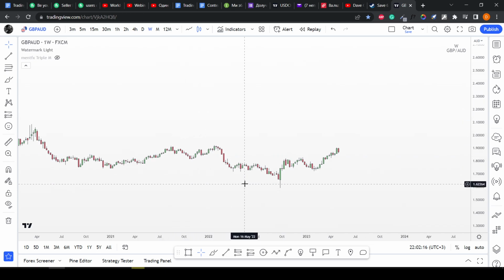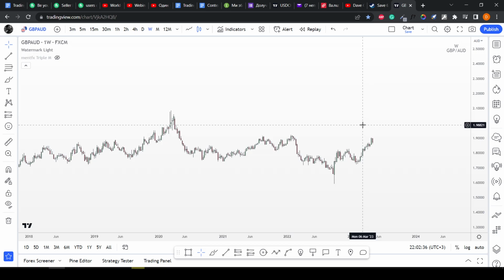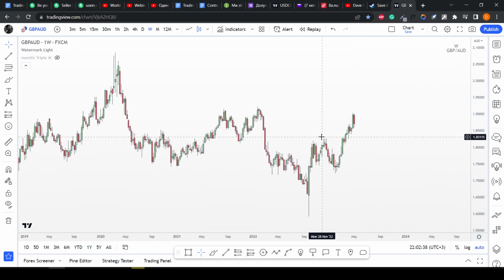Let me check if I didn't forget anything, and it's basically fine. Sometimes a good question would be, what would I do if I would trade this specific time frame only? Then you can think, what if you want to be bearish on weekly, maybe you want to see this candle break or something like that.